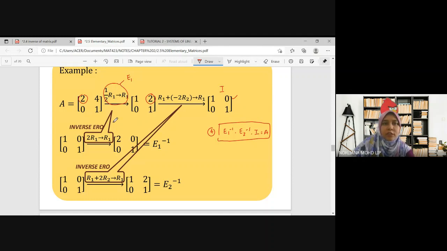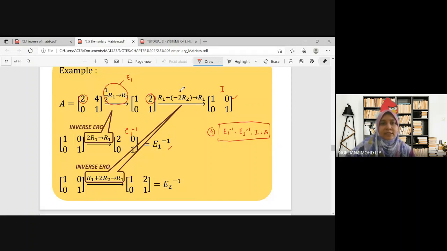So for the inverse of E1, we use operation 2 row 1 transform into row 1. Dia akan jadi 2 row 1 untuk cari inverse of E1. So we get 2 0 0 1.